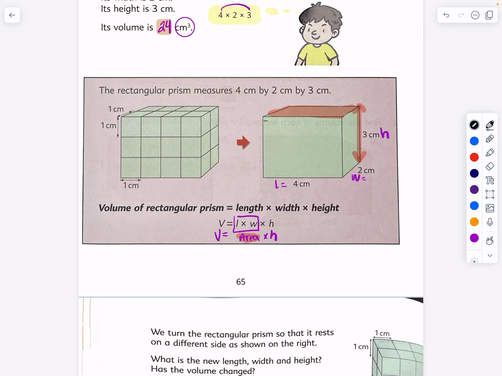Well, we would say 4 times 2, that's your 8, right? That's your 8 centimeters squared. That's your 4, and that's your 2. But then it's going this many times, 8, 8, 8, 8. How many times? 3 centimeters. So it becomes 24 centimeters cubed, which is the example we looked at above.